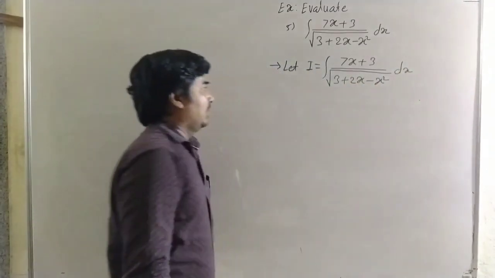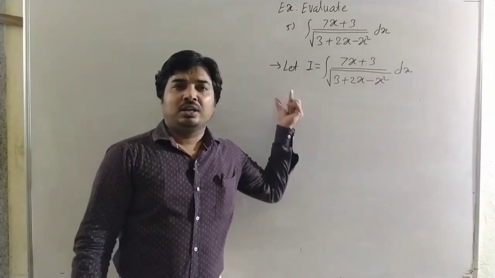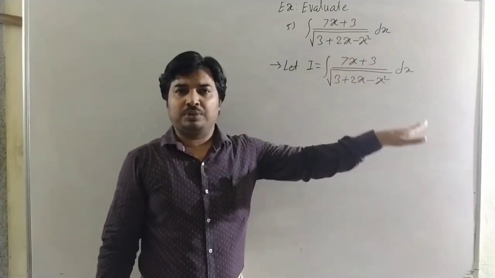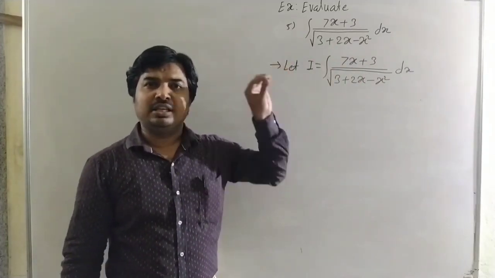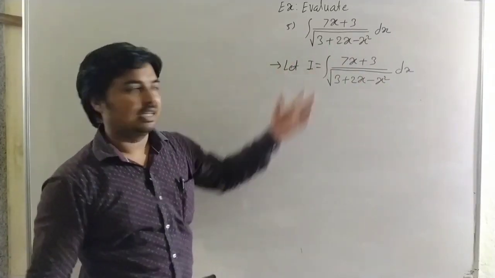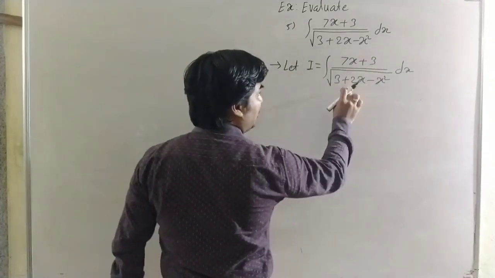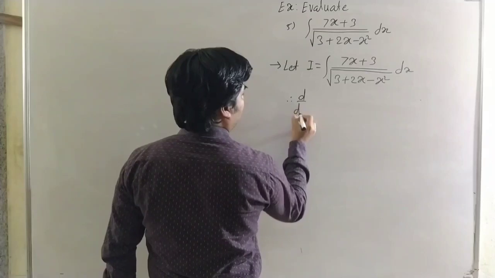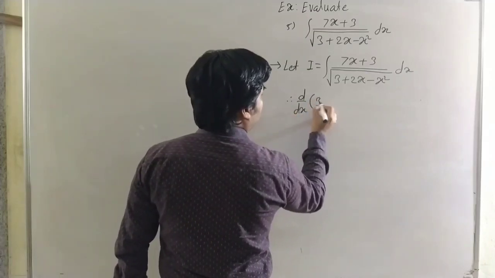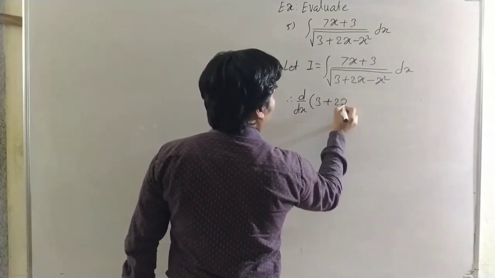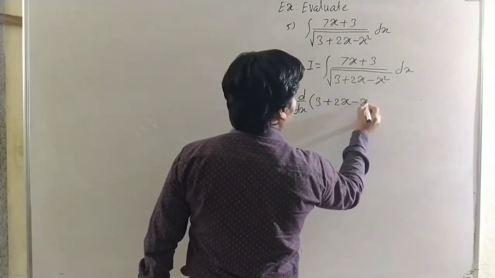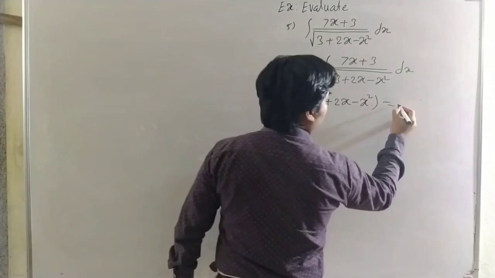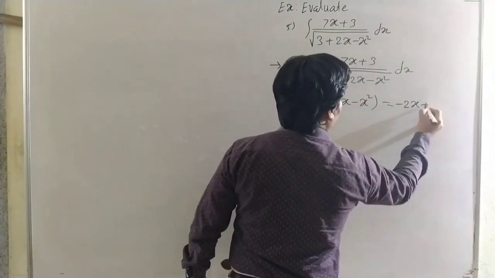Now here the process is: linear function is equal to a into derivative of quadratic function plus b. That means we adjust the derivative of quadratic function in the linear function. We can directly adjust the derivative of quadratic function. Therefore, the derivative of quadratic function 3 plus 2x minus x square, we can directly write this derivative is minus 2x plus 2.